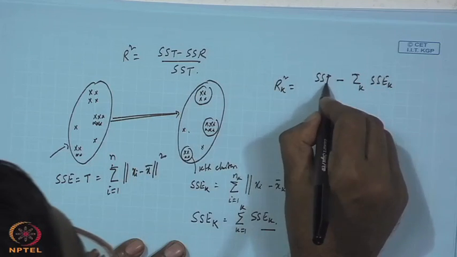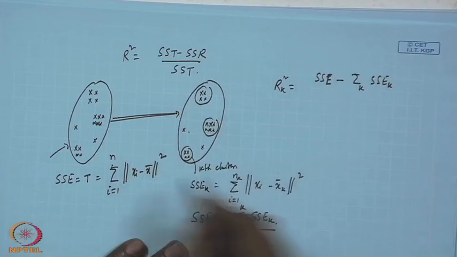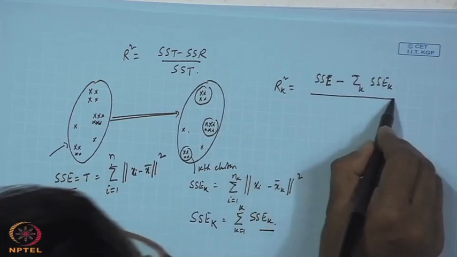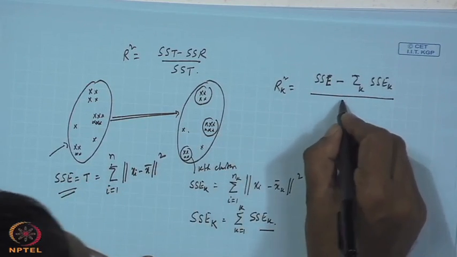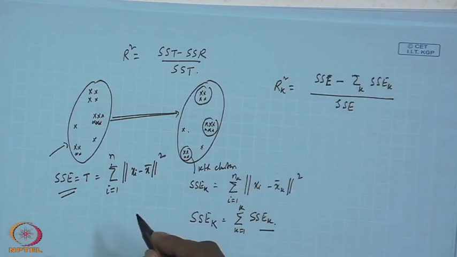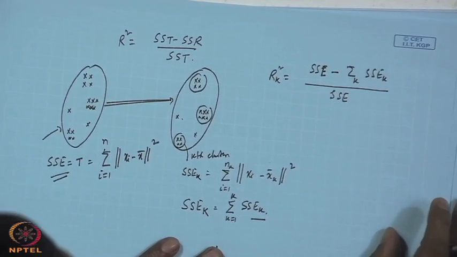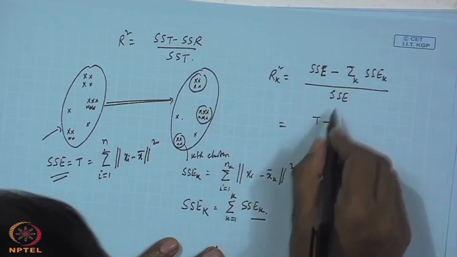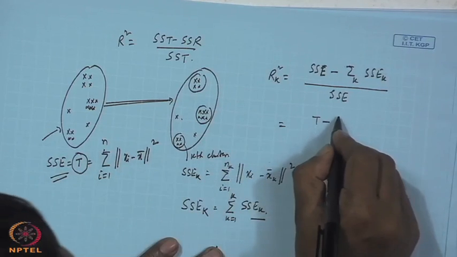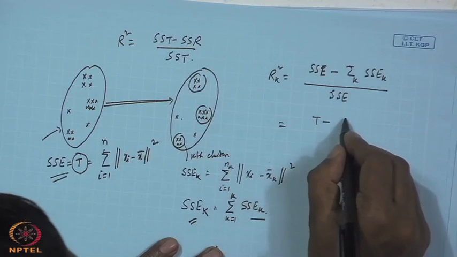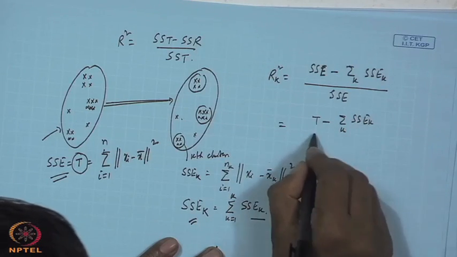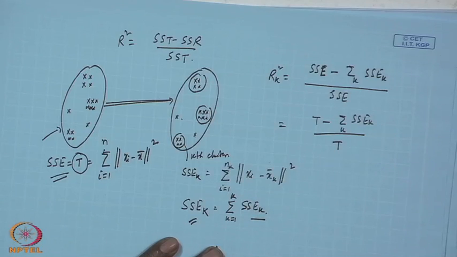divided by SST, the way we have written SSE here. So this is T minus the sum of SSE k by T. Okay.